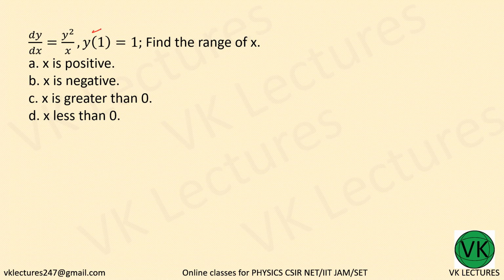We are using the separable method. So dy by dx is equal to y square divided by x. Just as we have done earlier, dy by y square equal to dx divided by x.